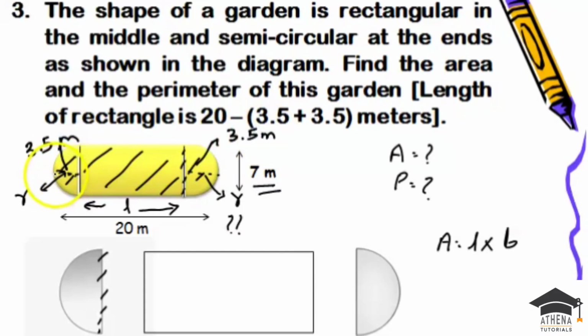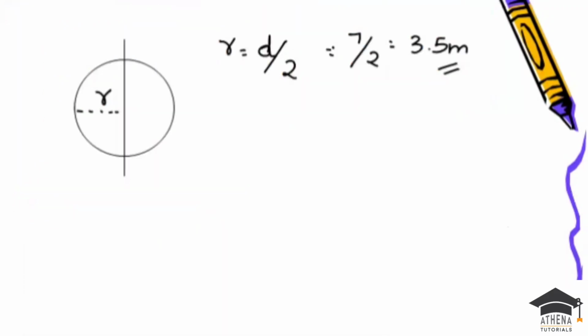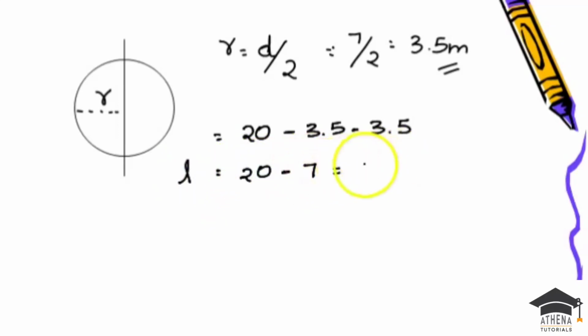If we subtract these two parts from the entire figure, we will get the length of the rectangle. Let's do it. So, total length is 20. If we remove the radius of both the semicircle, we will get the length of the rectangle. So, 20 minus 7, which will be equal to 13 meters.